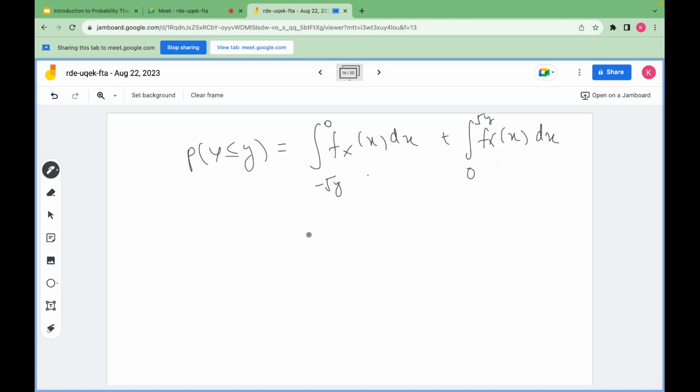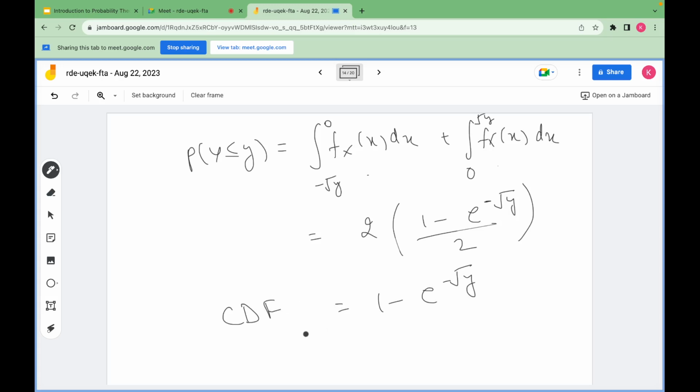We found these two are equal, each 1 minus e to the power minus root y by 2. So this is nothing but 1 minus e to the power minus root y. Okay, this is the CDF. By differentiating this, we can find the PDF of the function. So this is the CDF. I hope this is clear.